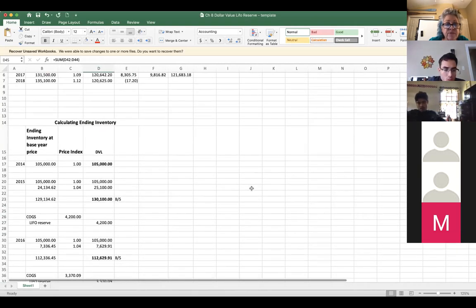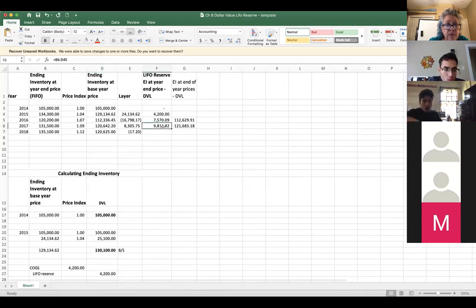And what is the difference between those two numbers? 9,816.82. So this is the step-by-step process: figuring out that DVL based on the layers, and then figuring out the LIFO reserve. Right. I need to adjust.